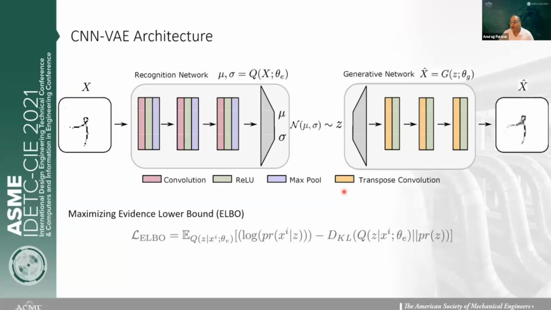A variational autoencoder architecture is basically a spin on a traditional, standard, or vanilla autoencoder architecture. In an autoencoder, you have a recognition part and a generative part, and essentially its job is to compress the input into some latent space. This layer over here is generally the latent space, and it's a much smaller dimensional space.